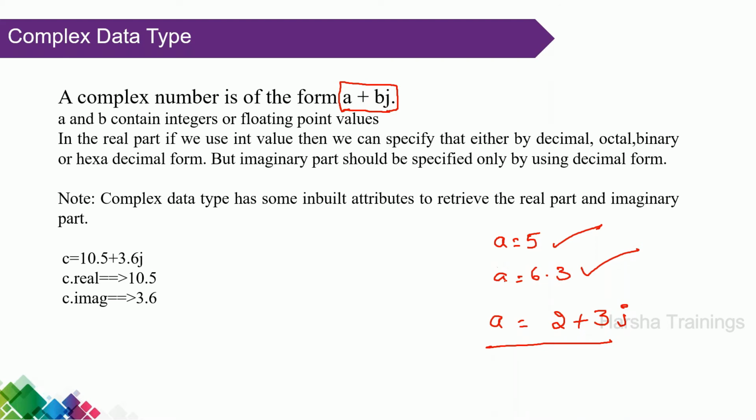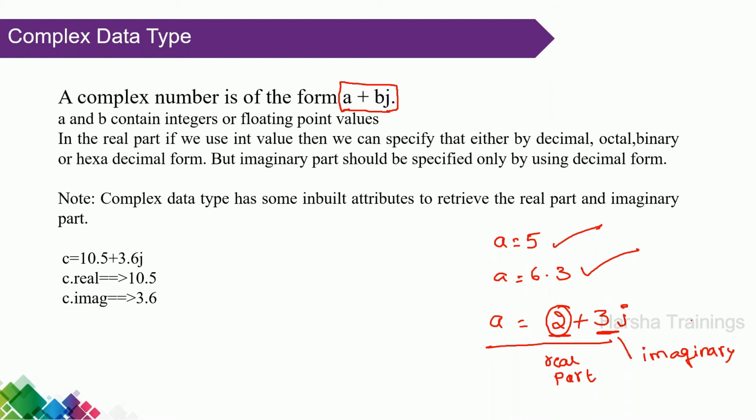Remember, in this, a is called the real part. A complex number consists of two parts. The first part is called the real part, and the second part, the one before j, is called the imaginary part.